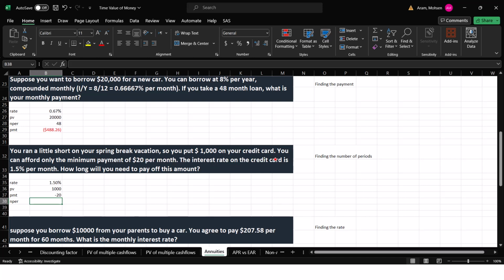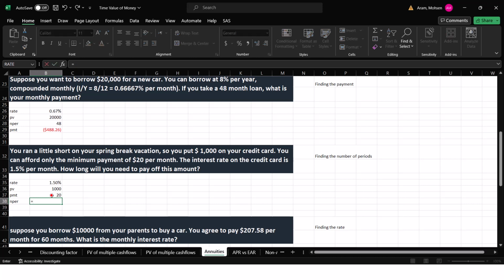So if the monthly rate is 1.5%, how long does it take for you to clear this debt, to pay off your loan? So keep in mind, for this one, because you have the present value and the payment, one of them should be negative. If both of them were positive, you would get an error.